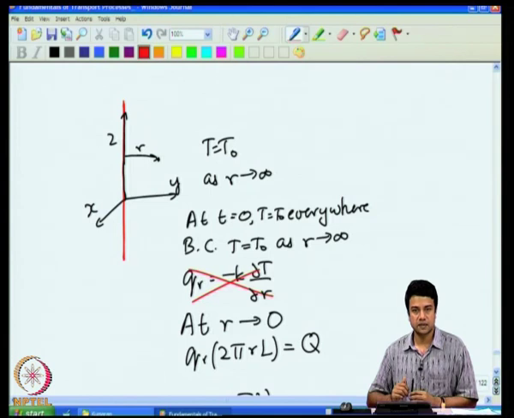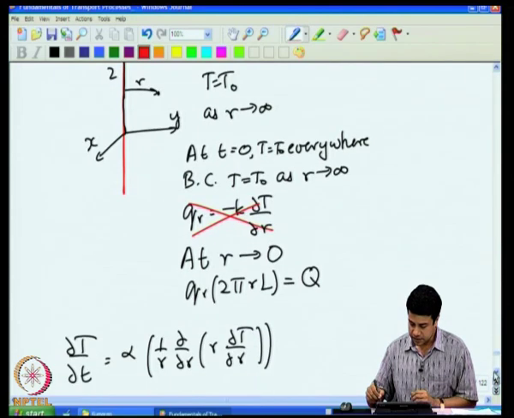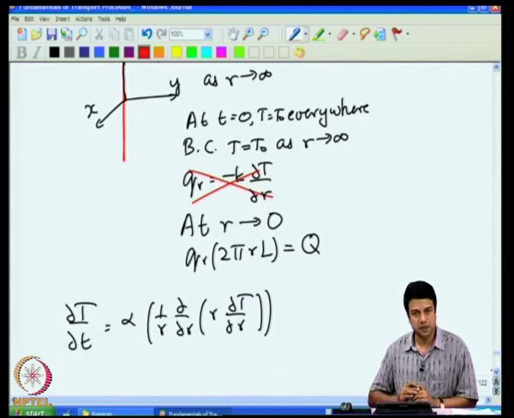Therefore, I cannot specify a temperature boundary condition at the surface, because what it would mean is that if the temperature is finite, the total heat coming out goes to 0, because this wire has infinitesimal thickness. What I need to specify is actually the total heat coming out per unit time, capital Q, which is equal to QR times 2 pi r L, in the limit as r goes to 0.